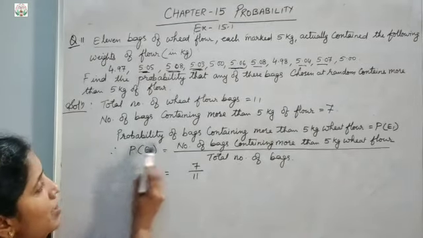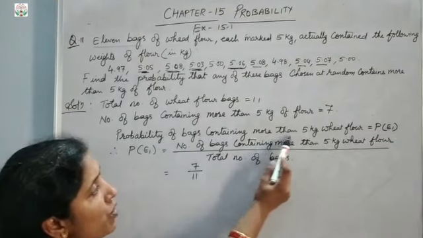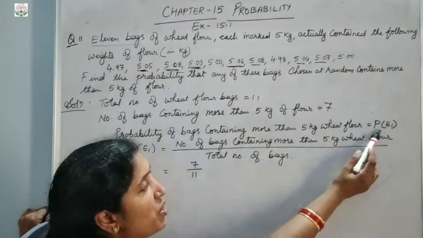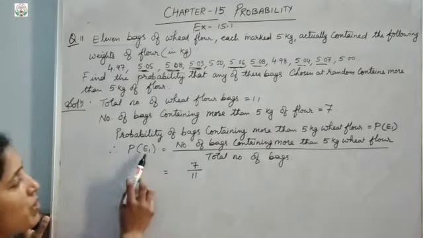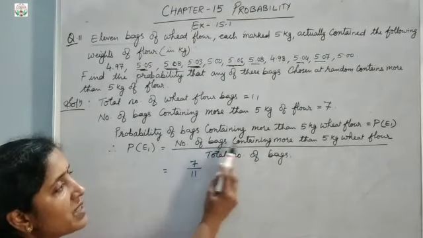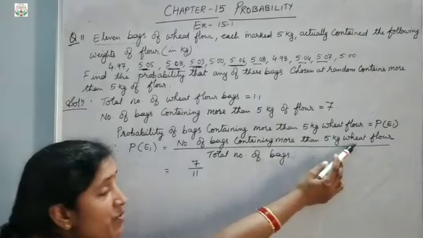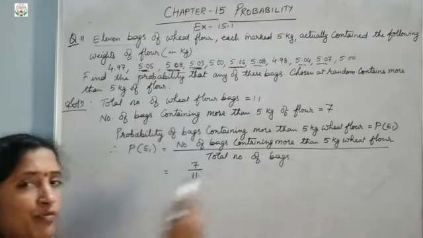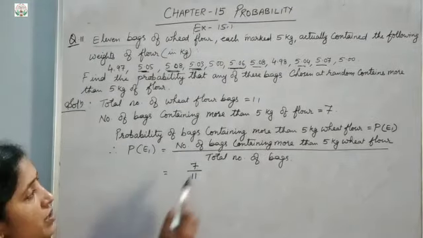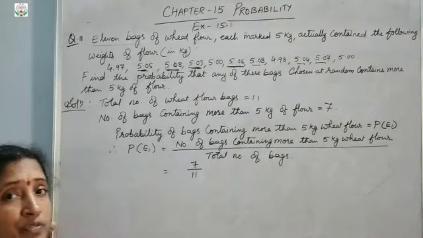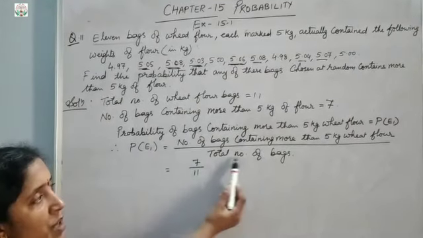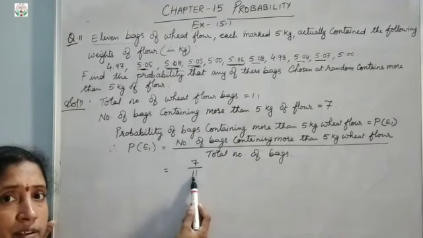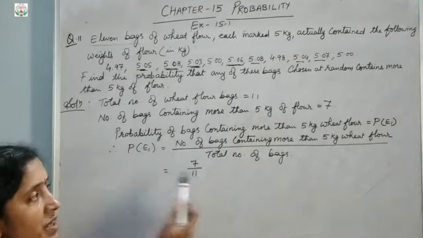Now the probability of bags containing more than 5 kg, let it be P of E. So P of E equals the number of bags containing more than 5 kg of wheat flour upon total number of bags. Here 7 bags upon total number of bags 11. So 7 upon 11.